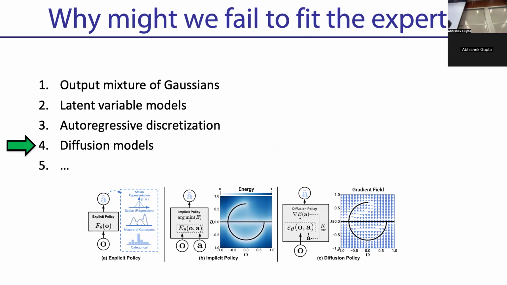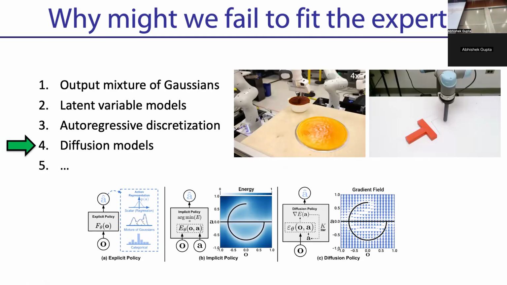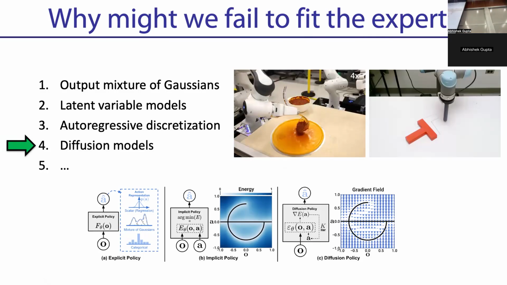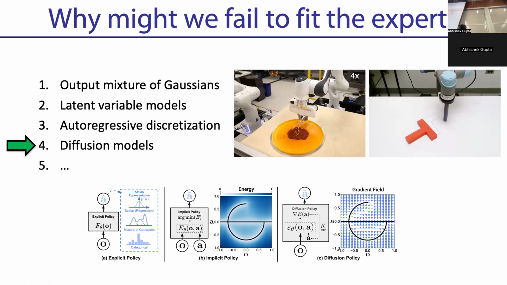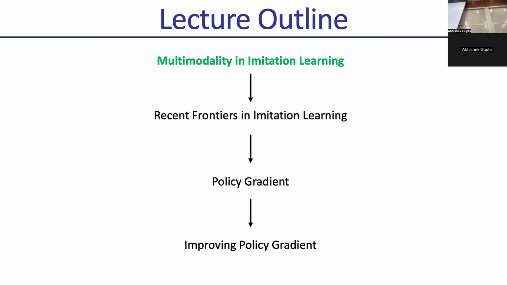So if you want robots that are going super fast, it can be a problem. I definitely gave you a very abridged description of this. I'm happy to send more resources about it, but diffusion models are cool.